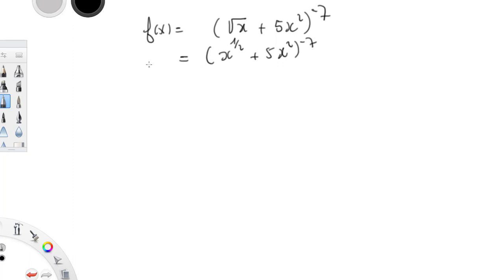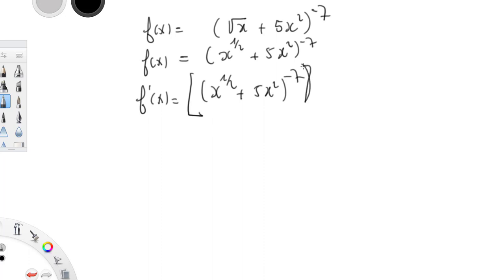Here the power is negative 7, and to find the derivative, f prime of x would be the derivative of (x to the power of 1 over 2 plus 5x squared) to the power of negative 7, right?